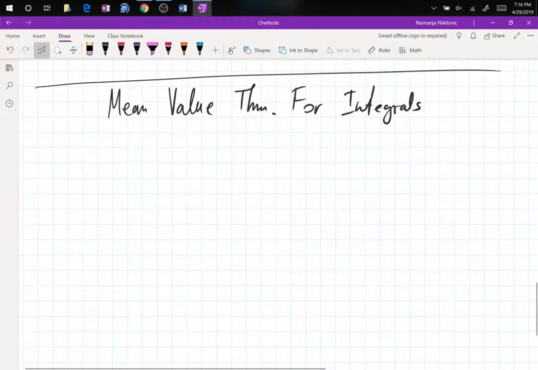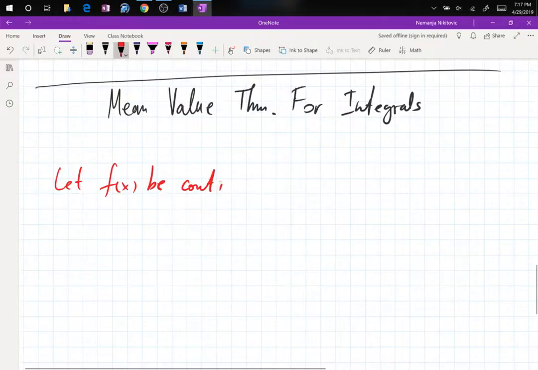Now you have a theorem which says: let f be continuous on the interval a to b, there exists a point c. So let f of x be continuous on [a, b].